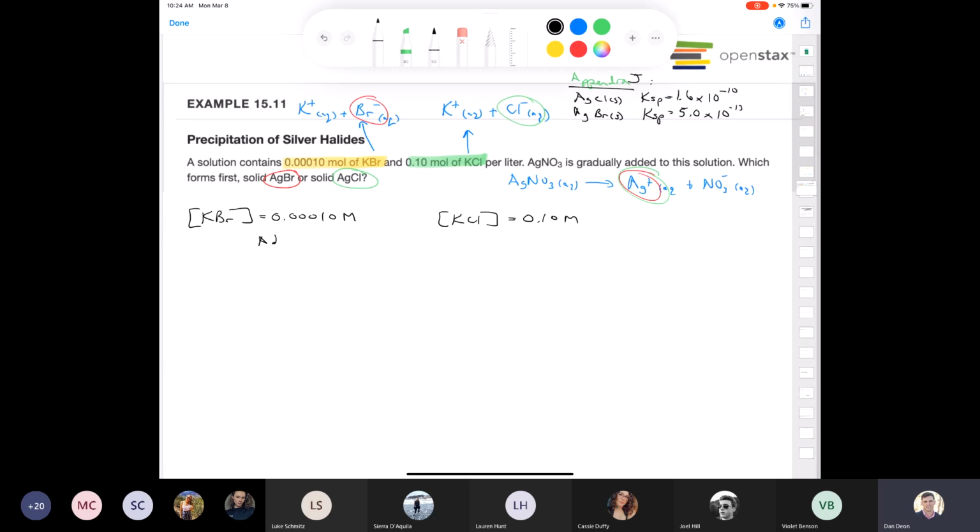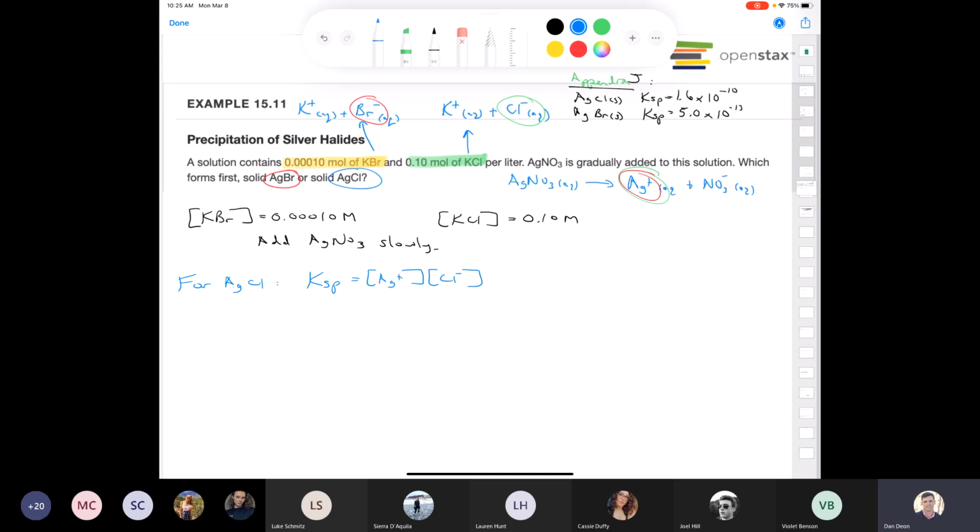And what you're going to do is add silver nitrate slowly. And which one's going to form a solid first? Well, for our silver chloride, we know that our KSP is going to be equal to the concentration of silver ions times the concentration of chloride ions.